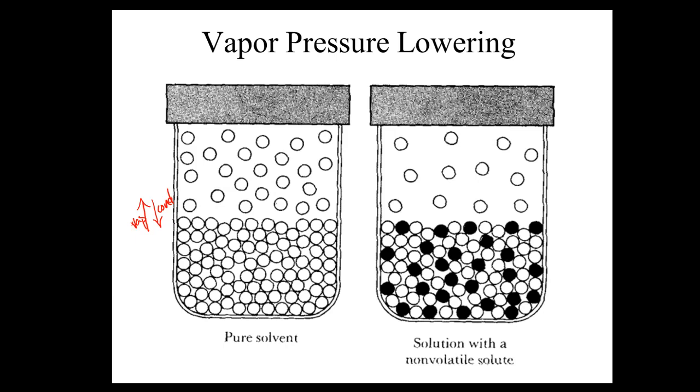So we've got a fairly high vapor pressure of this substance here. Now, when we've added some non-volatile solute, so that means it's just non-reactive, we've put something in our solution. This has disrupted their intermolecular forces, so it's harder for them to evaporate and easier for them to condense.